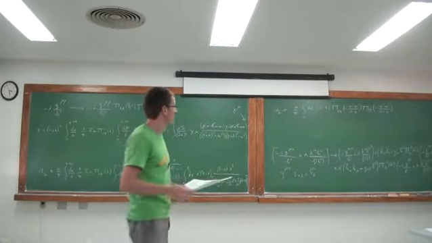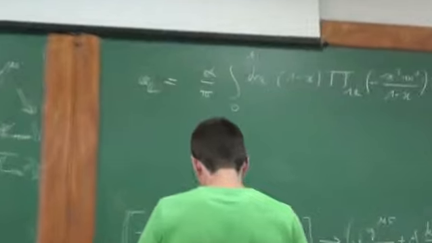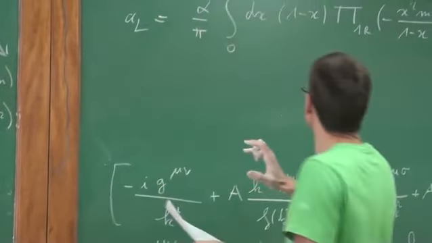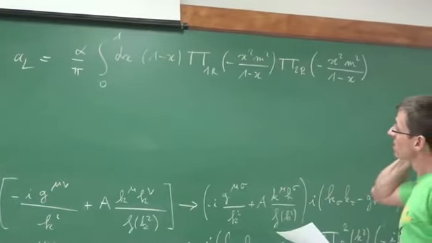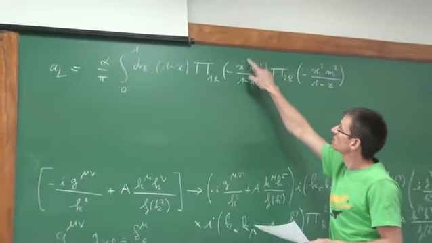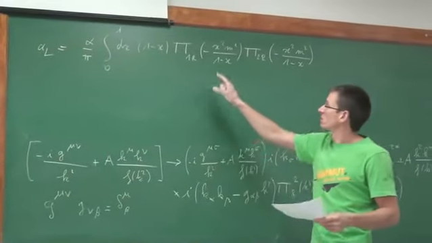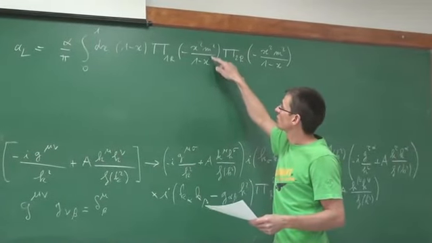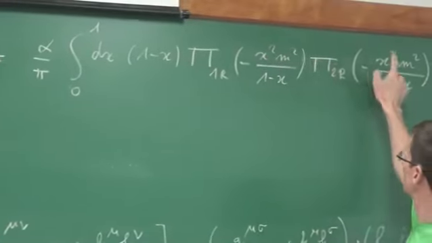Then at the end, since I'm close to time, you will be able to replace the k squared. You will have determinants of these objects here.